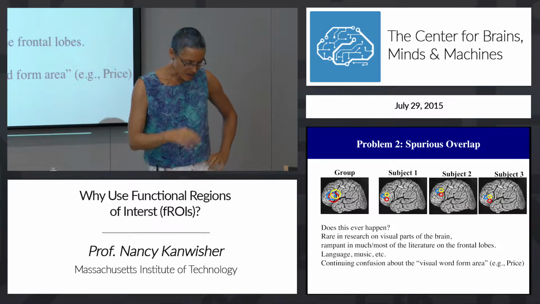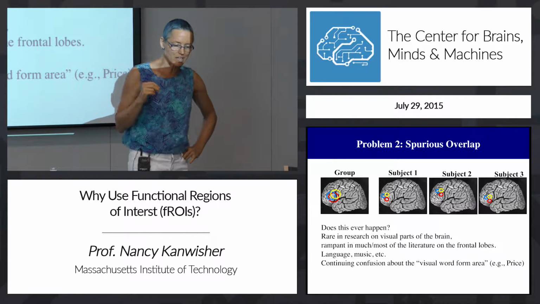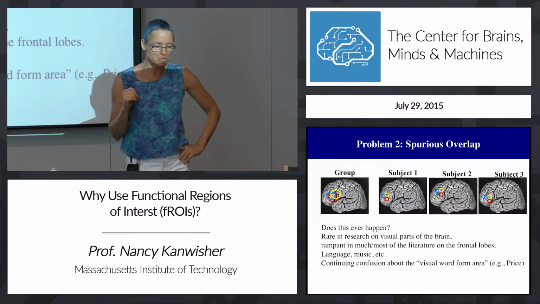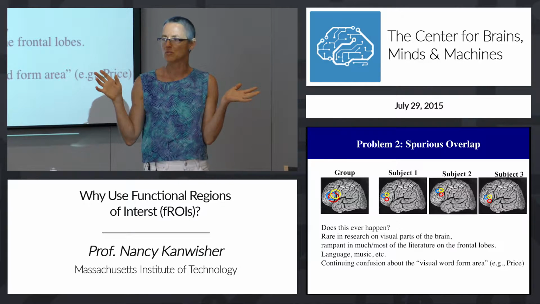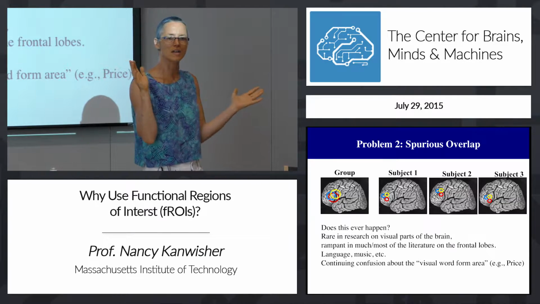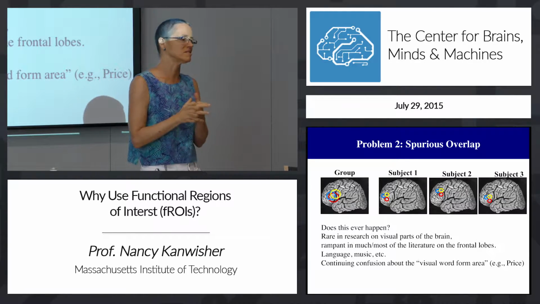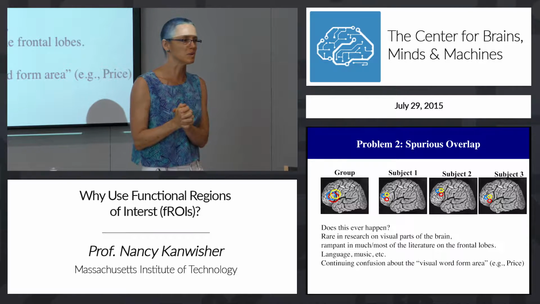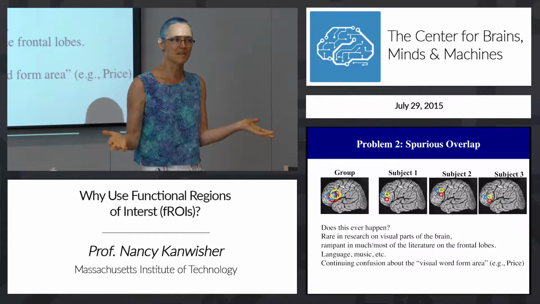Okay, and you see that a lot in work on language and music, and a whole set of papers on the visual word form area by Kathy Price and her colleagues, all of which argue that there's no selective region for visual word processing, all based on group analyses.